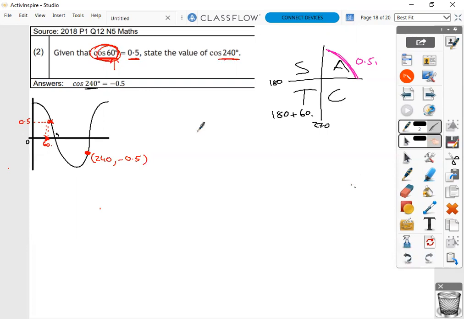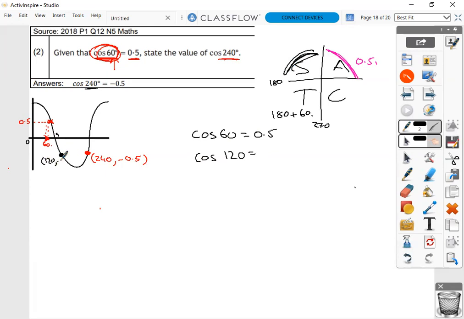They could ask that question in multiple different ways. They give us cos 60 equals 0.5. They could have asked what the answer would be if it was cos 120. Cos 120 would be in the negative quadrant, in here. It's 180 minus 60, so it's the same distance relation.